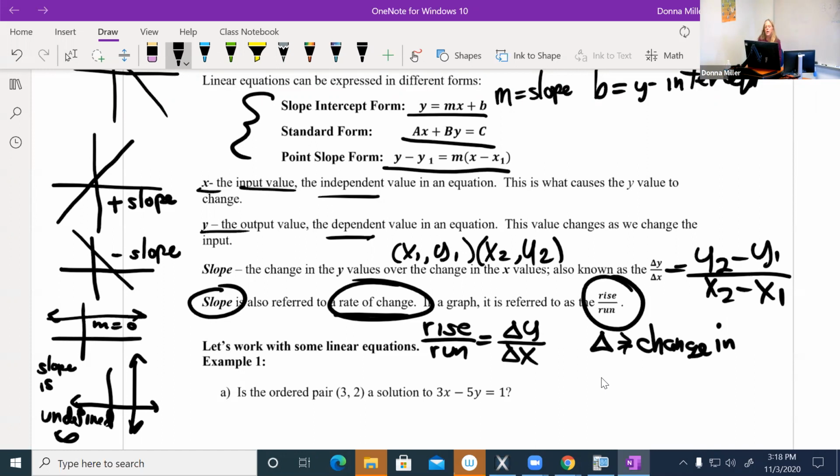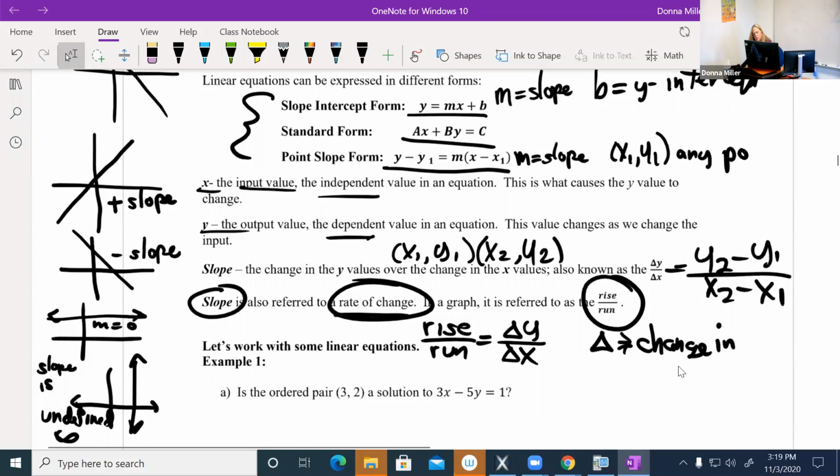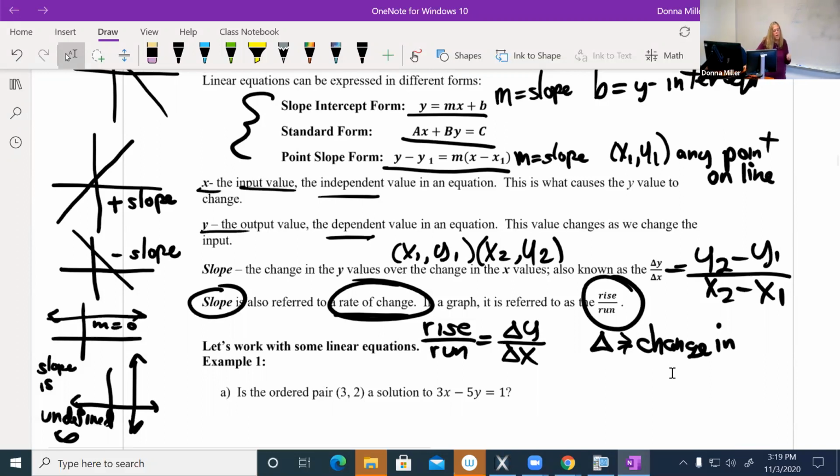This is useful when you have a point and you know the slope. So m is the slope, and point x1, y1 can be any point on the line. Okay, so that's useful when you have to do it by hand and you know the slope and you have a point.